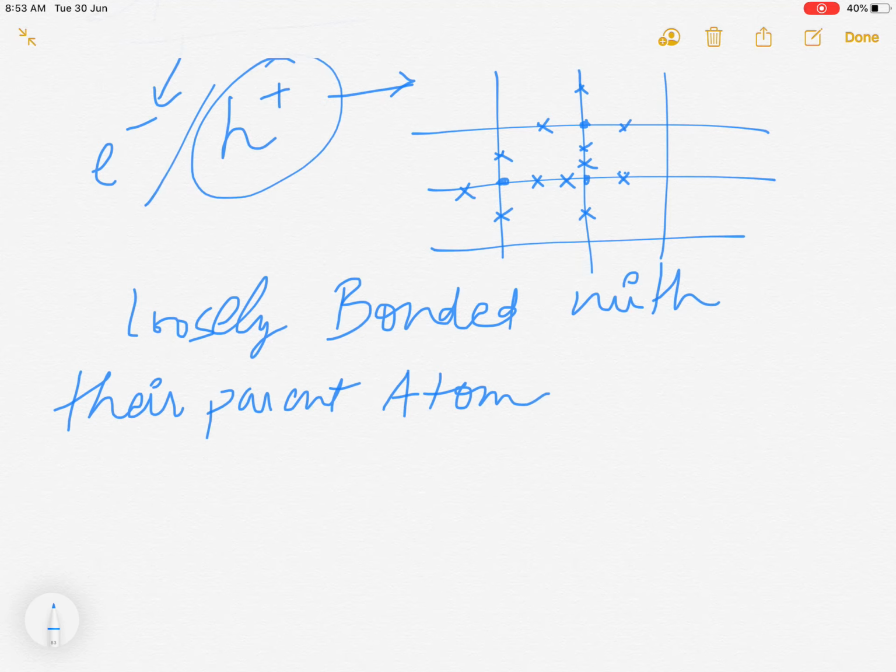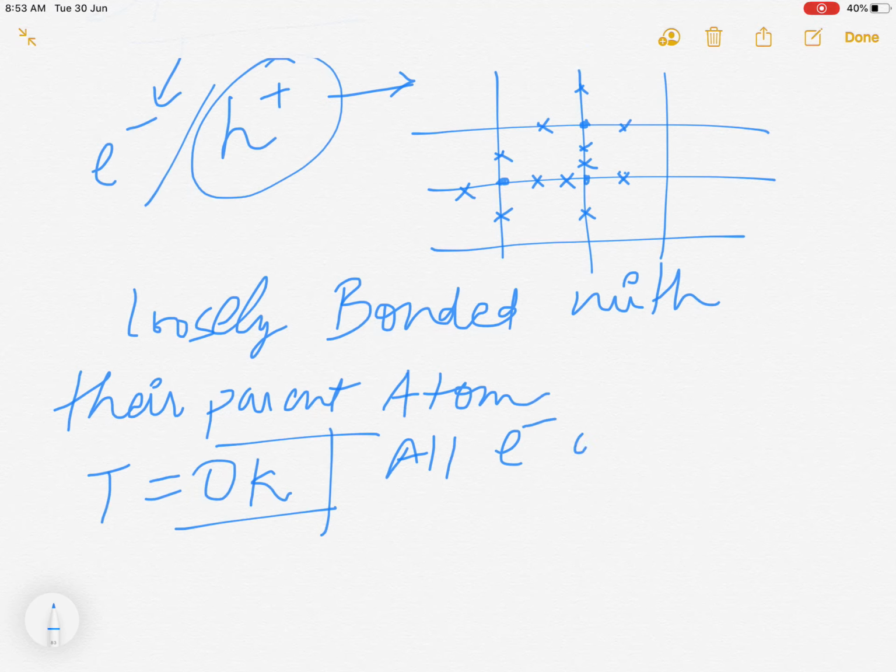At T equals 0 Kelvin, there will be no external energy available to the semiconductor. If no external thermal energy is available, then all electrons are bonded. These are loosely bonded, but they are bonded with their parent atom.